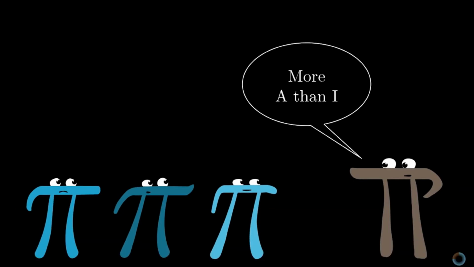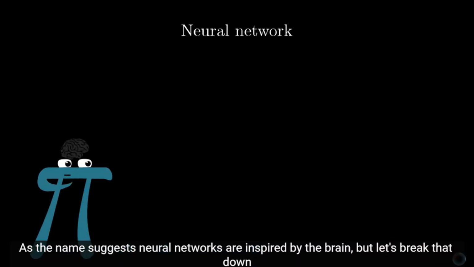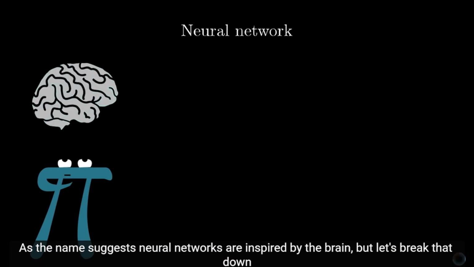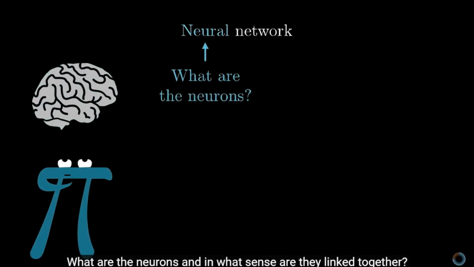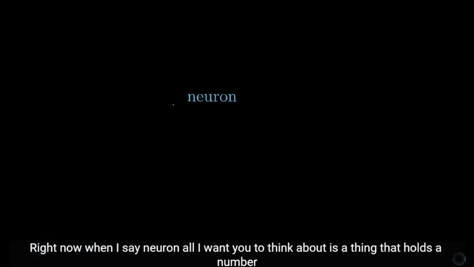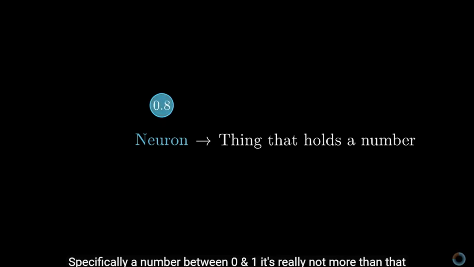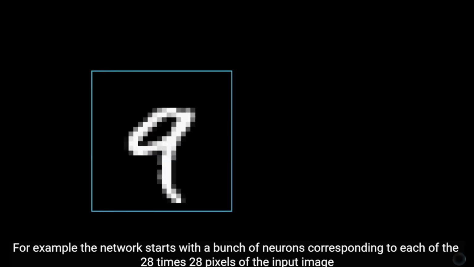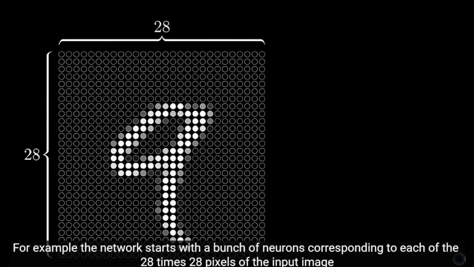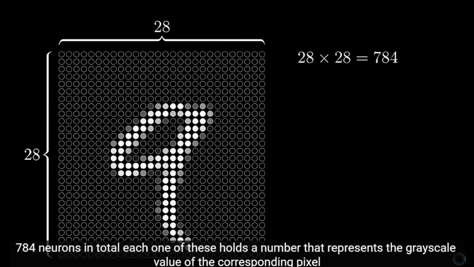for it. As the name suggests, neural networks are inspired by the brain. But let's break that down. What are the neurons, and in what sense are they linked together? Right now, when I say neuron, all I want you to think about is a thing that holds a number, specifically a number between 0 and 1. It's really not more than that. For example, the network starts with a bunch of neurons corresponding to each of the 28 times 28 pixels of the input image, which is 784 neurons in total.